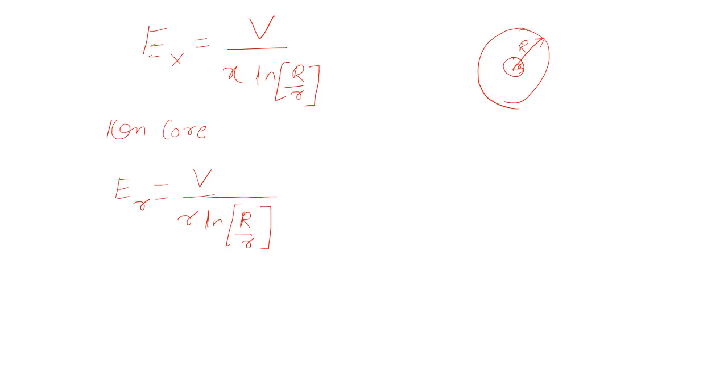Similarly, on the sheath, or you can also say on the surface of the insulating material, the electric field stress will be, just replace x by capital R. So this will be the relation.